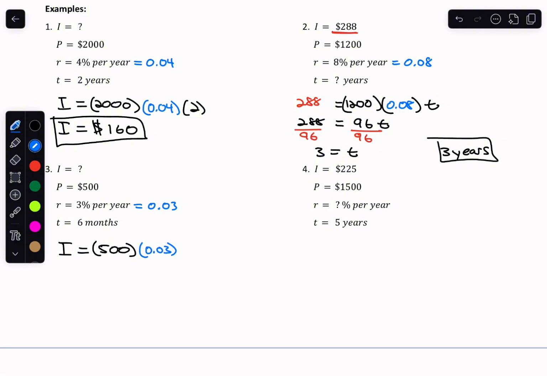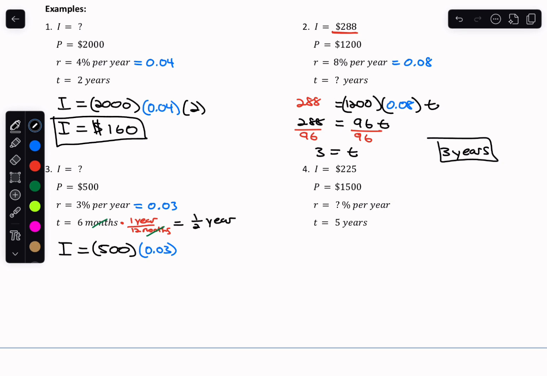If I have 6 months and I want to convert it to years, I'm going to multiply by the fact that 1 year is 12 months. So then my units of months will cancel, and I'm left with 6 on top, 12 on bottom, gives me 1/2 year.